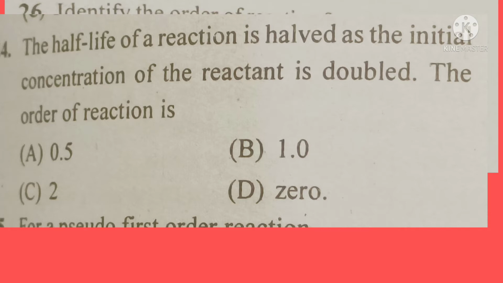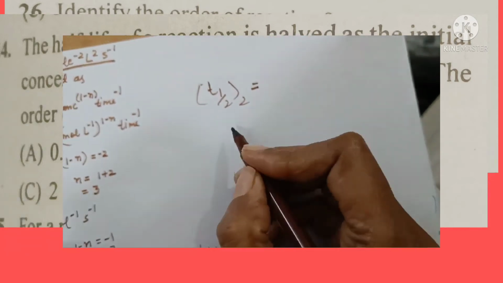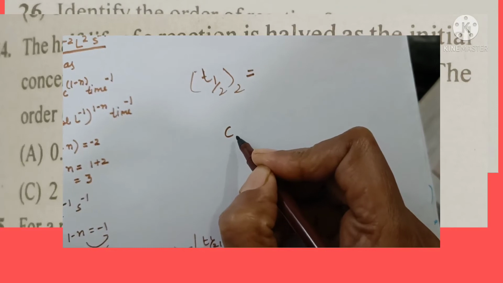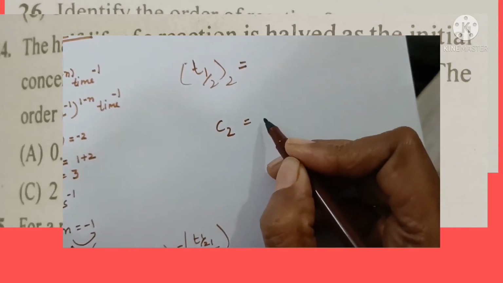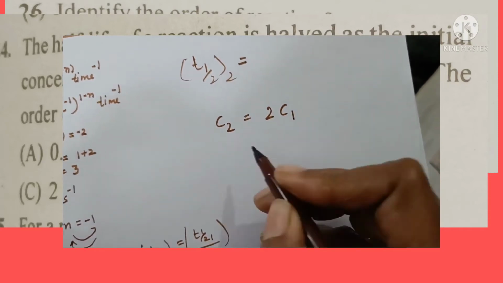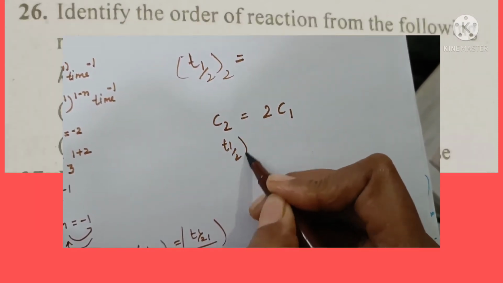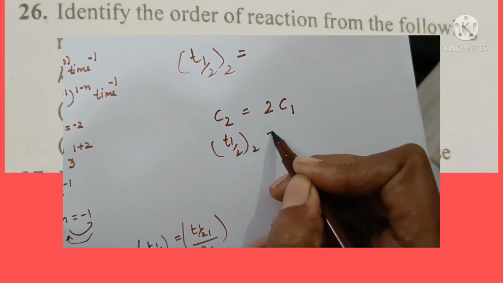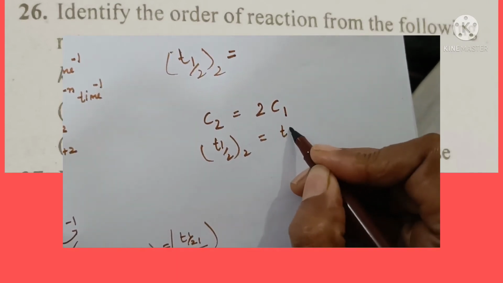The half-life of a reaction is halved as the initial concentration of the reactant is doubled. The order of reaction is? To calculate the order of reaction, let us write down the equation for half-lives of reactions. In this numerical, we see that the concentration C2 is double of concentration C1. So C2 is equal to 2 C1, and half-life 2 is half of half-life 1.